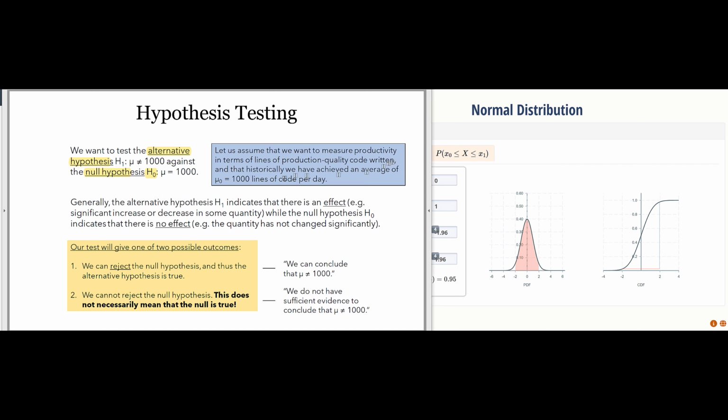Let us assume we want to measure productivity in terms of lines of production quality code written, which is a really bad way of testing programmer productivity. But it is, unfortunately, a means that some managers are prone to using. Okay, so historically, in our development group, we have identified how much code developers write in a day, and we have determined that they have, on average, developed 1,000 lines of code per day.